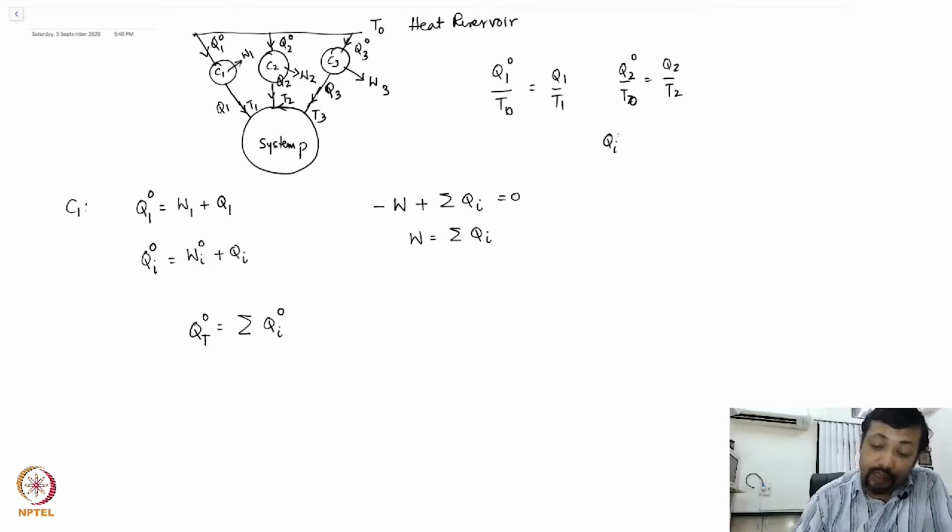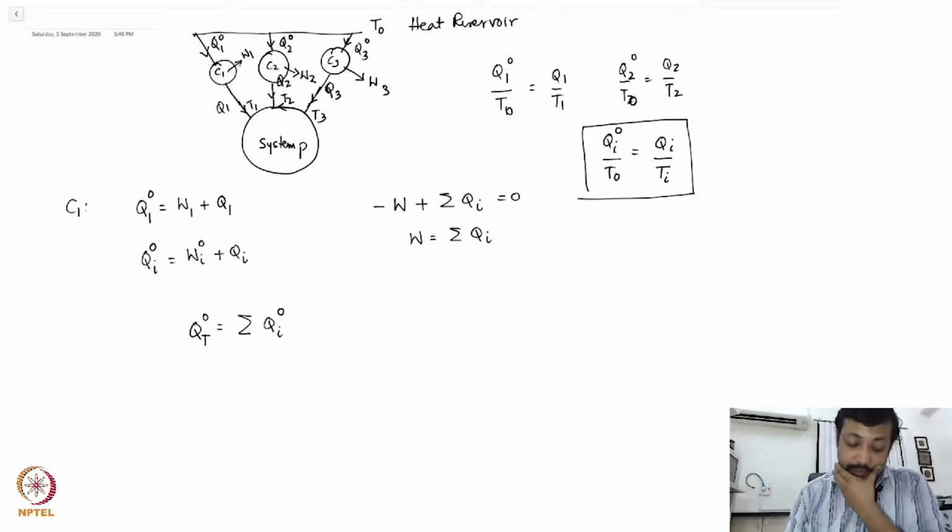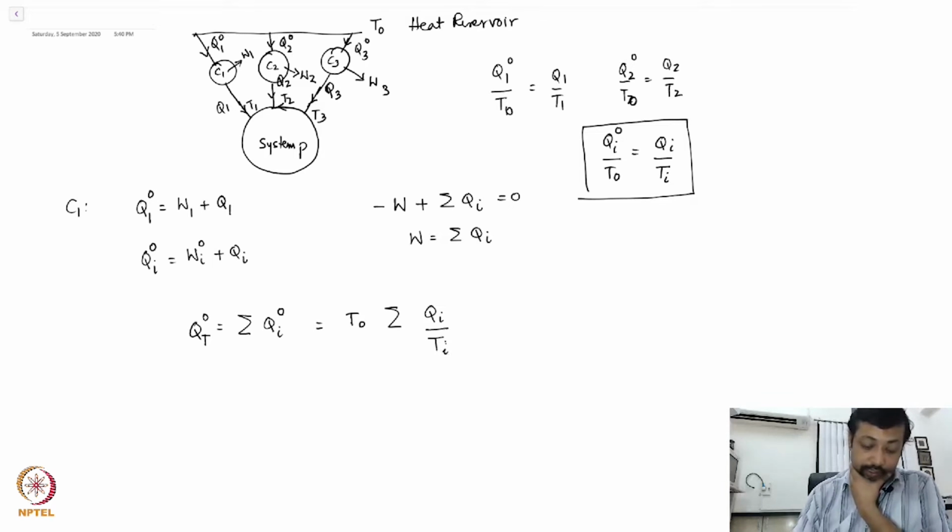So the general relation becomes Qi0 over T0 is equal to Qi over Ti. I'm going to use this relation. So this means that I can write down T0 times the sum over Qi0 as the sum over Qi over Ti.